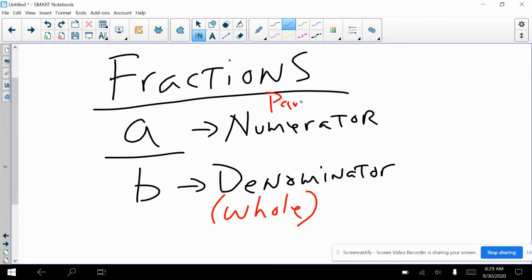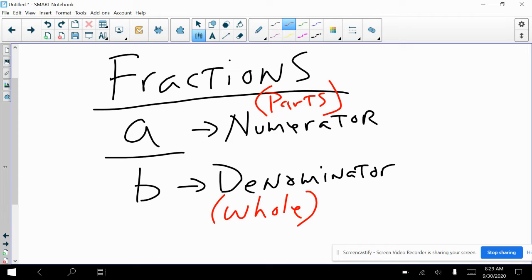Well, not how many parts are in the whole, but how many parts. What that means is it depends on the problem: how many are shaded, how many you need, things like that. The numerator, the way that we would interpret it is based on the question. But the more important part is the denominator. That's definitely how many pieces we need to make a whole.